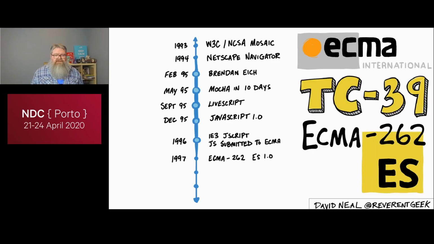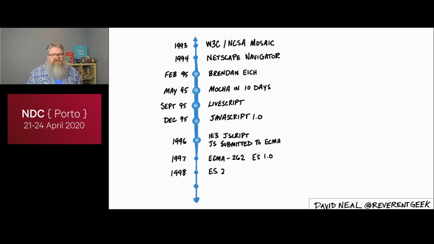So they named it ECMAScript. This is where ECMAScript comes from. ECMAScript is the language specification. JavaScript, as we find in the browsers, is just one of several implementations of that standard.